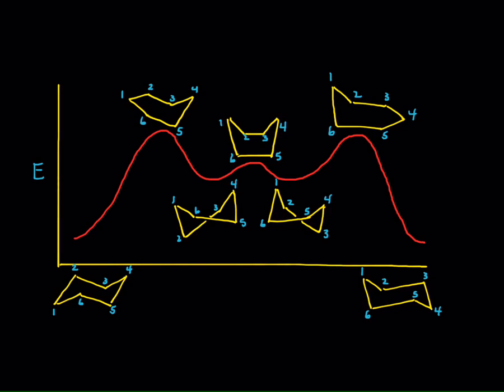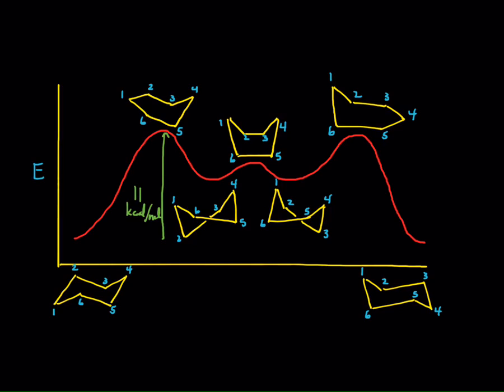And of course we can measure the energy. The energy going from the chair to the half chair requires a lot of energy, right? Because I'm going from no strain to a lot of torsional strain, and that energy is about 10.8 kilocalories per mole, so around 11 kilocalories per mole.